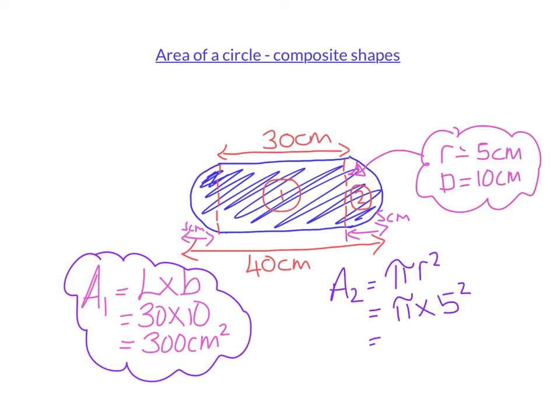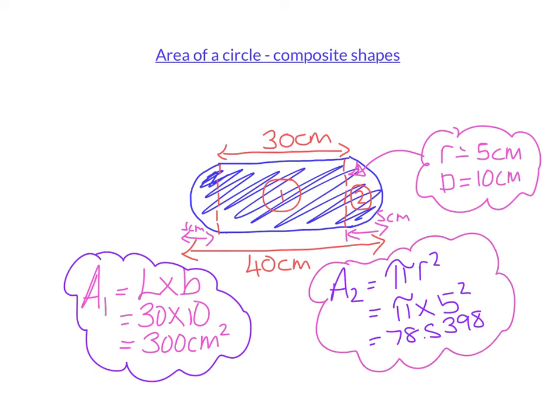So you need a calculator for this one. Which will give you 78.5398. Now, actually to find the semicircle, we would half this number. But because we've got 2 semicircles, I'm not going to bother halving it because I'm going to just take this to be the total of both of those together.